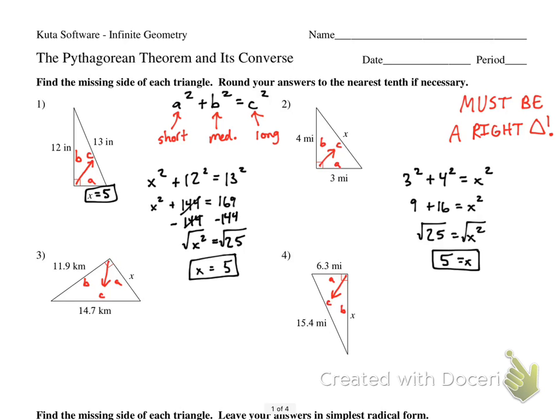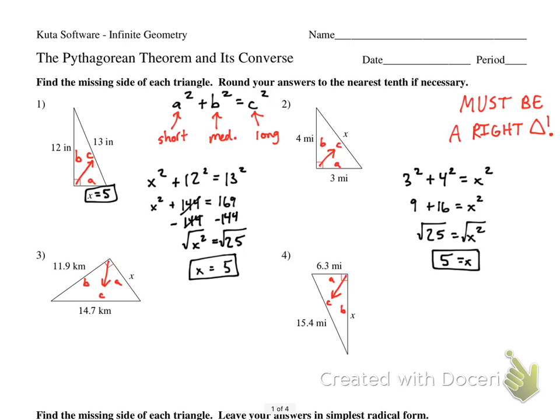So what we've got for the first 2 problems here are called Pythagorean triples. There are not very many Pythagorean triples, but a Pythagorean triple is whenever 3 whole numbers satisfy the Pythagorean theorem. So in the first example, 5, 12, 13, that's a very common one.